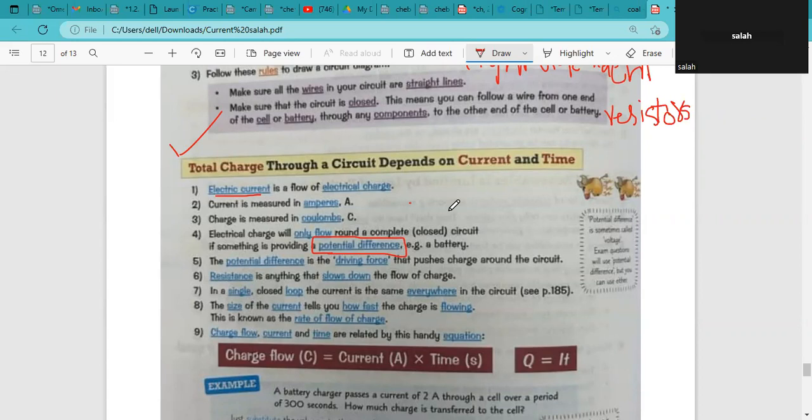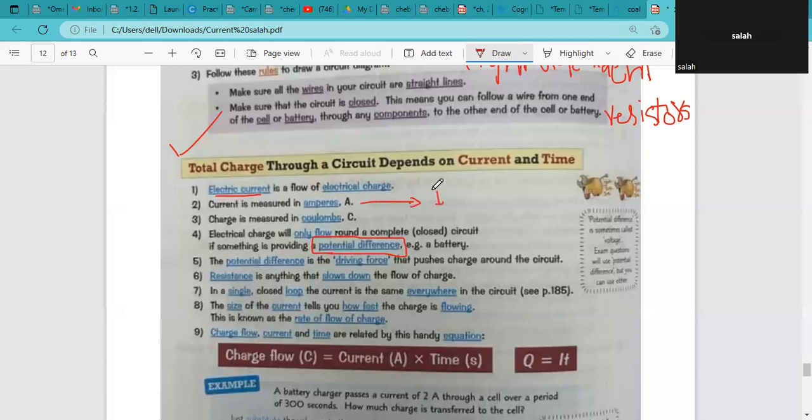So the current is defined as the rate of flow of charges. We symbolize current by I, and its unit is amperes.